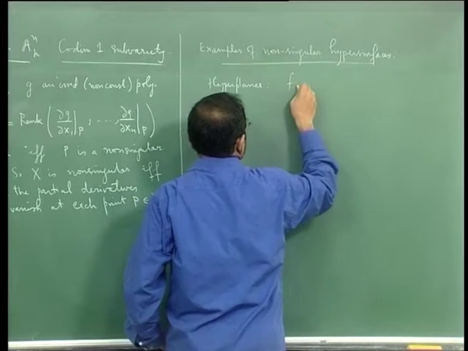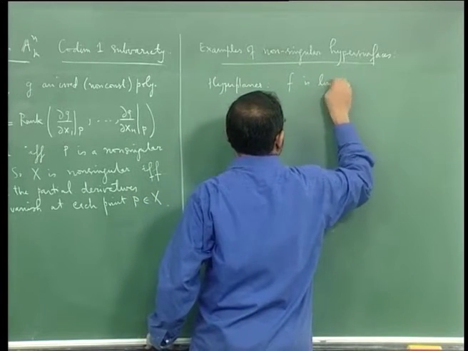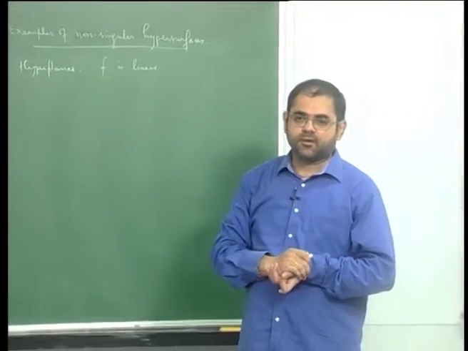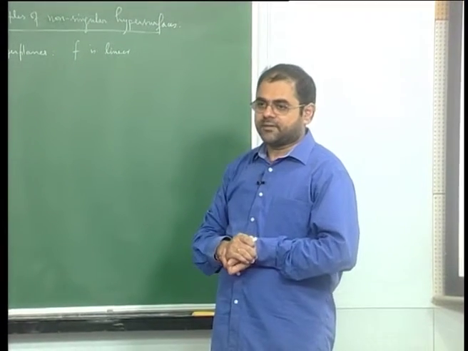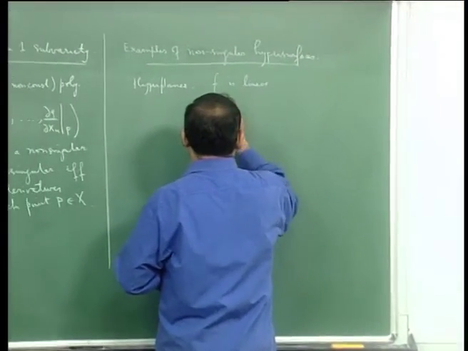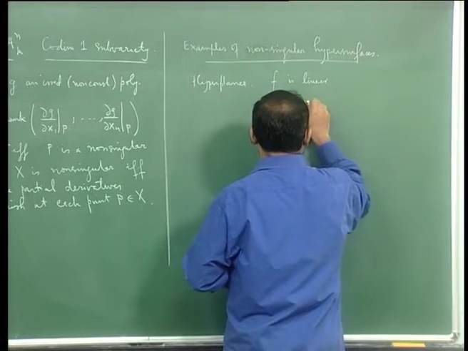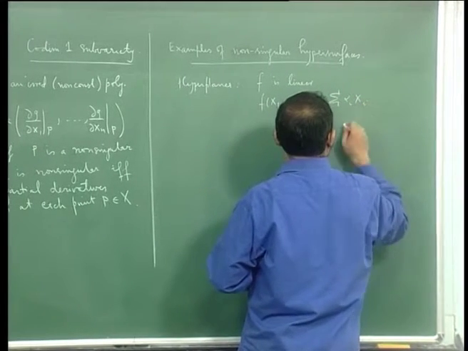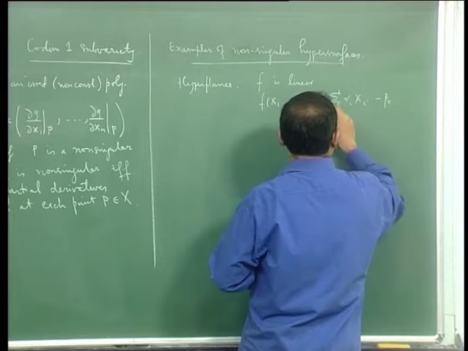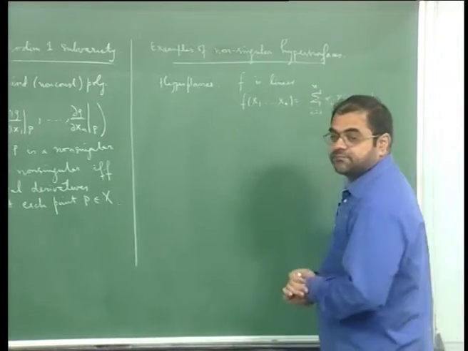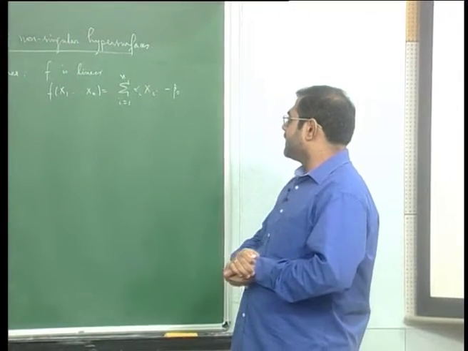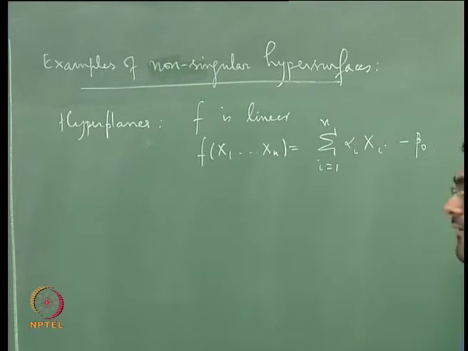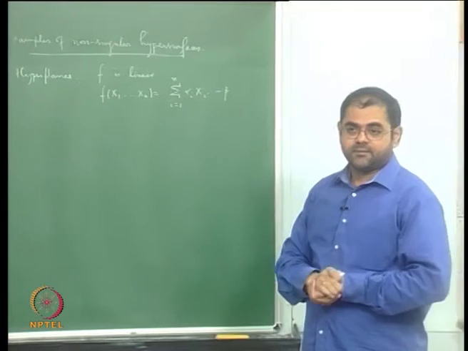These are given by f being linear. F need not be homogeneous, f is just a linear polynomial. So f of x1 through xn is just the sum of alpha i xi minus some beta, i equal to 1 to n. Of course I am not looking at the case when all the alpha i's and the beta are 0.